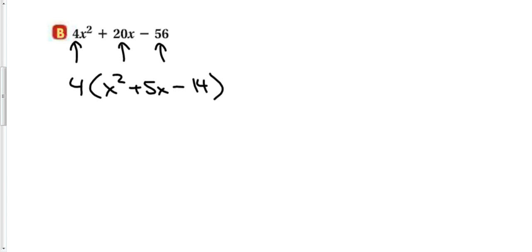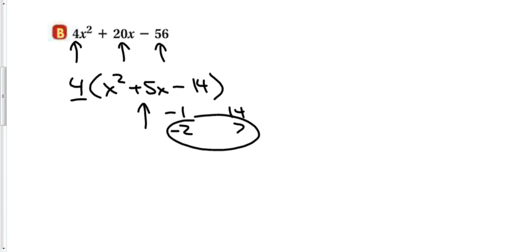I can list all the factors of 14: 1, 14, 2, 7, and that's all of them. Because 5 is positive, the number with a bigger absolute value has to be positive, which means these two have to be negative, and combining these two gives me a positive 5.